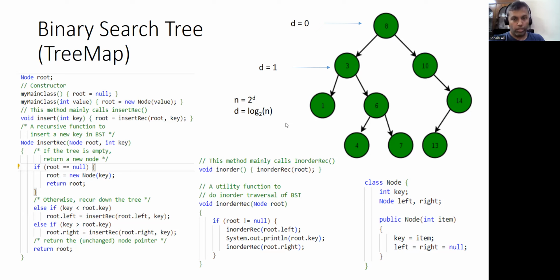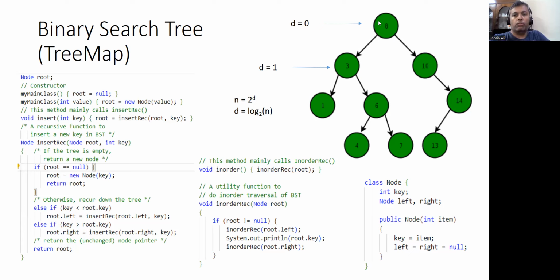Now this is useful in the sense that every operation that we do in trees, including searching, insertion, or deletion, actually depends directly upon d, not on n. What that means is that, imagine that we have to look for a number, let's say 5 in this case.